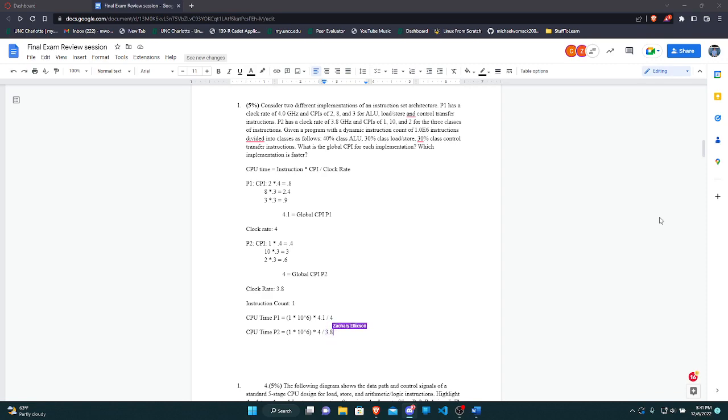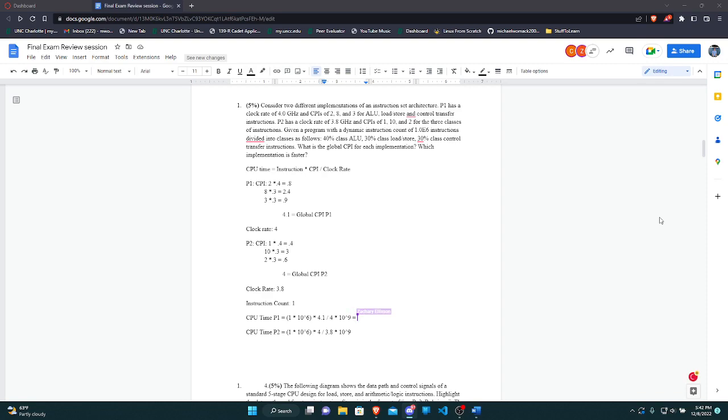Clock rate is in gigahertz, so it's also times 10 to the 9. It's probably safe just to leave it like this, 4.1 divided by 4, but I'll solve it out.